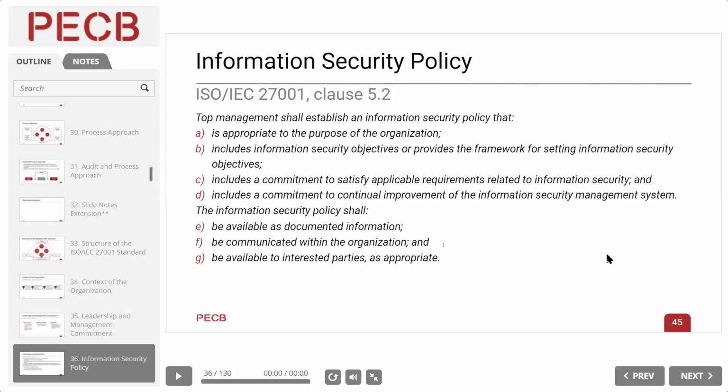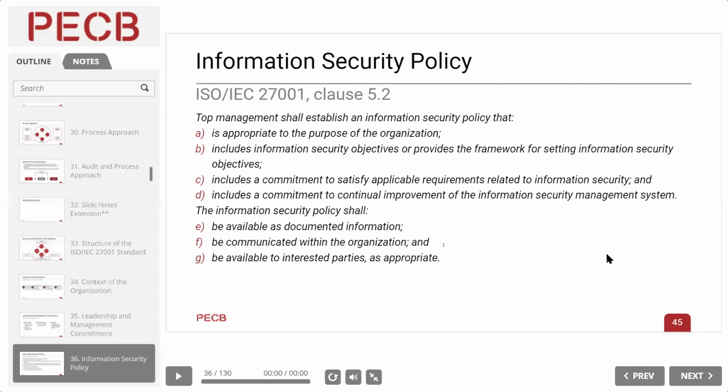The information security policy shall be available as documented information, be communicated within the organization, and be available to interested parties as appropriate. So this is what the clause says.